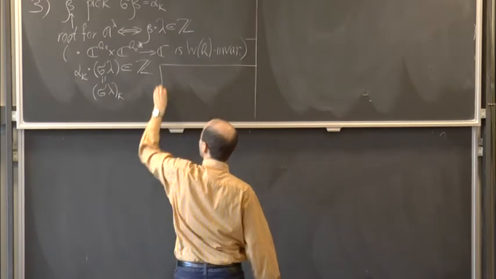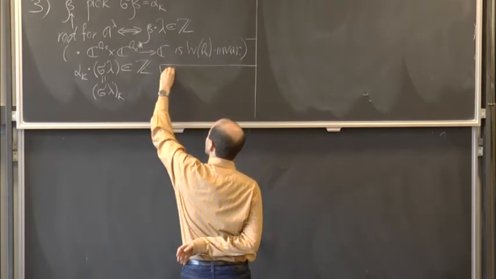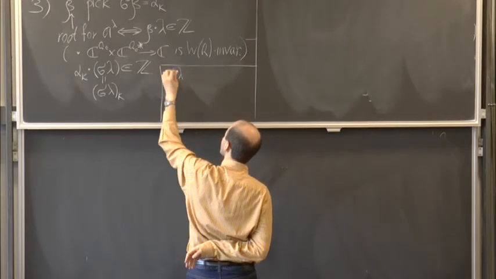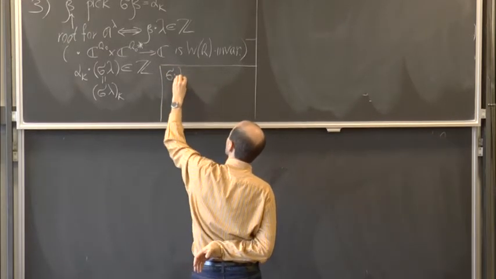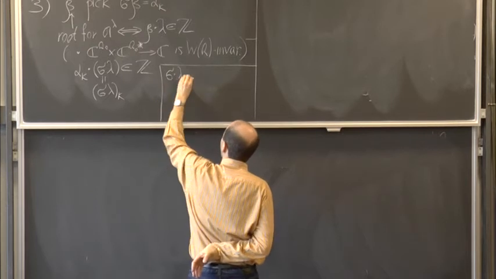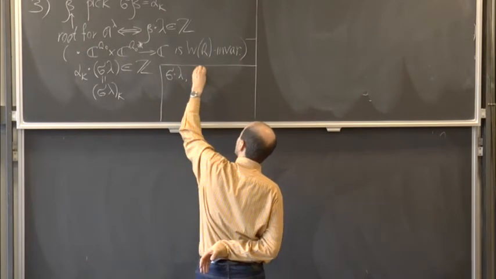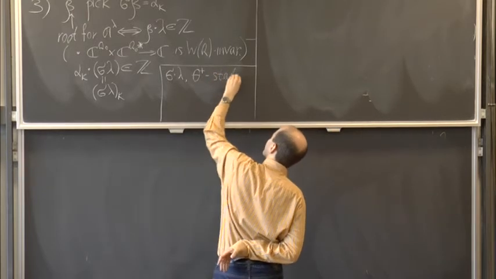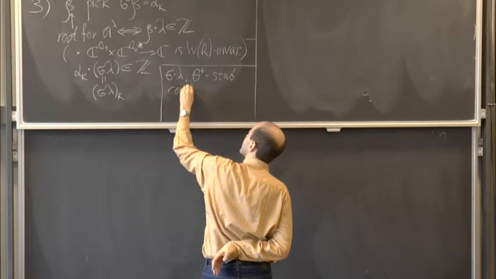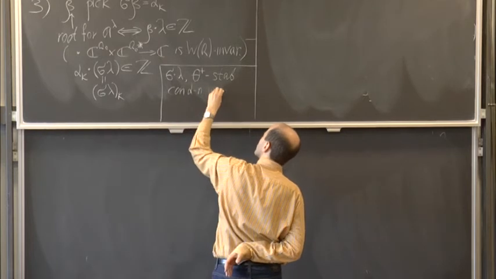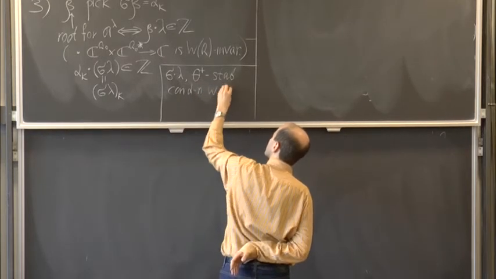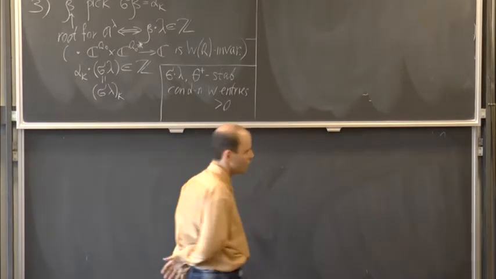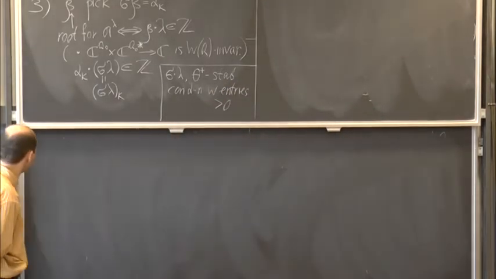I have this quantization parameter, sigma dot lambda, and I have a theta plus stability condition with positive entries. Under this assumption, I have Webster's functors.